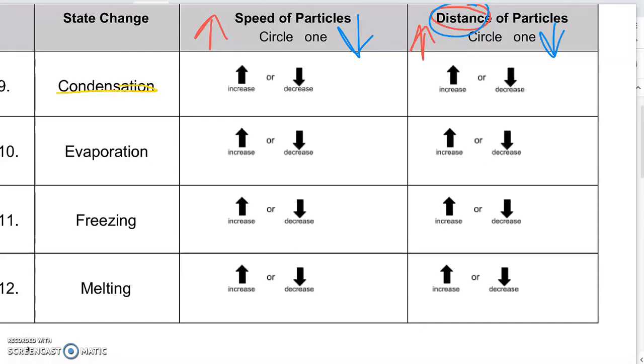We have condensation. Did the speed of the particles increase or decrease? You're going to circle one. Did the distance increase or decrease? Circle one.